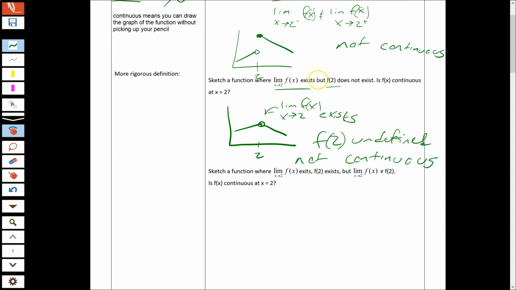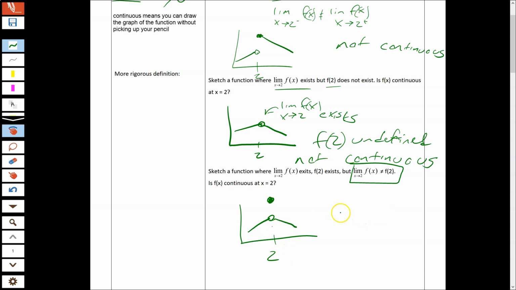Okay. And here, this is the most complicated one, right? So the limit exists, f of 2 exists, but they're not equal. So what that means, right, is we can draw the same graph that we drew before, but then we can draw a filled in point somewhere not on the curve at 2.